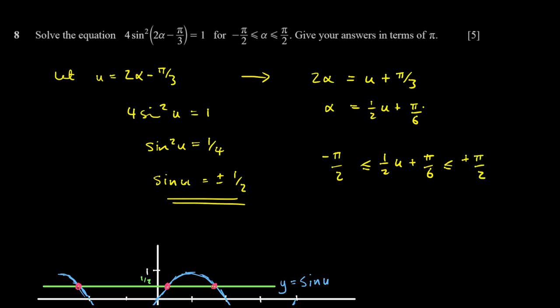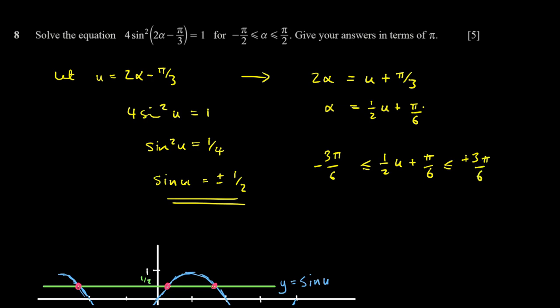And so then what I'll do is I'll subtract pi by 6 from everything. So pi by 2, right? That's the same thing as 3 pi by 6. So I'll just convert that. That's 3 pi by 6 there. Or negative 3 pi by 6. And this guy here is going to be positive 3 pi by 6.